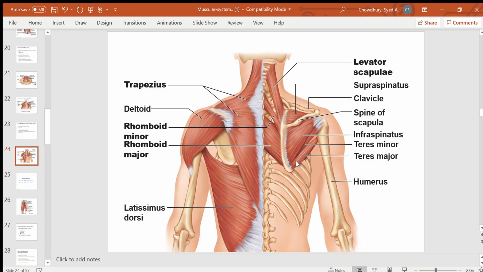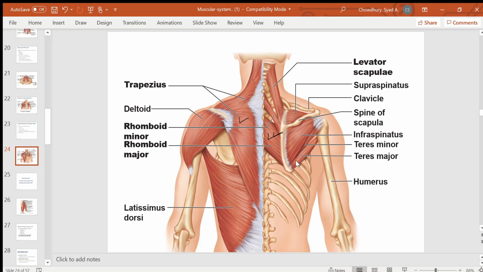Now let's go to see the muscles in the back. This muscle is trapezius. On the left side, you can see the superficial muscles, and on this side you see the deep muscles. So on this side they have removed the outer layer of muscles.